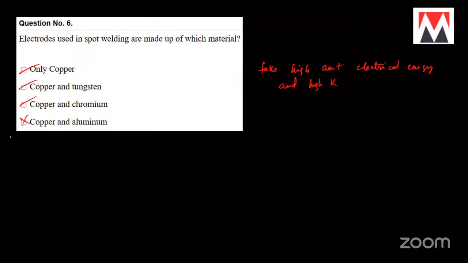It's spot welding, right? A very small spot will be there. You need a very small joint like this.